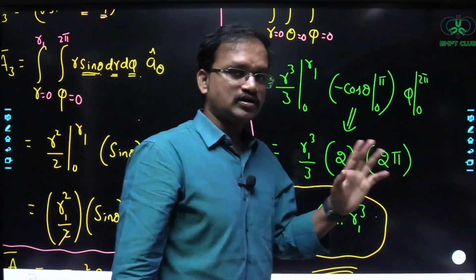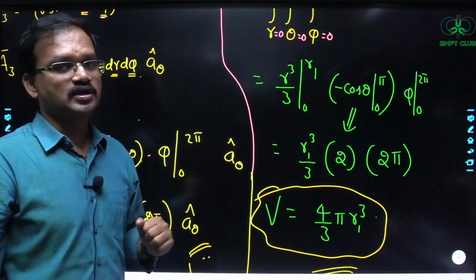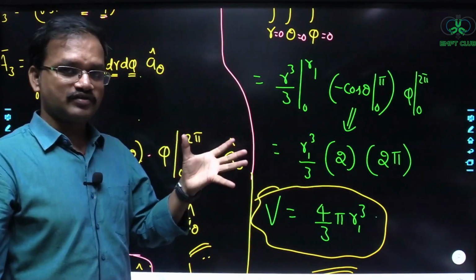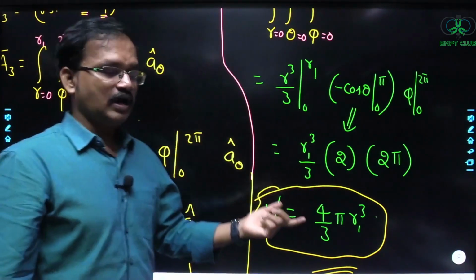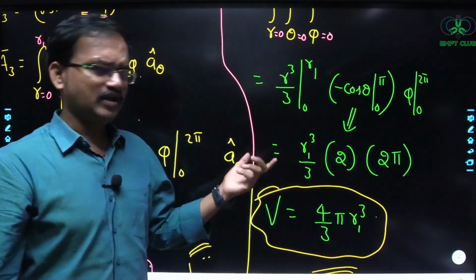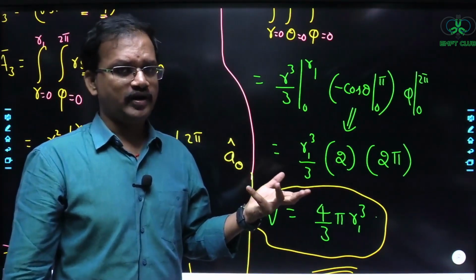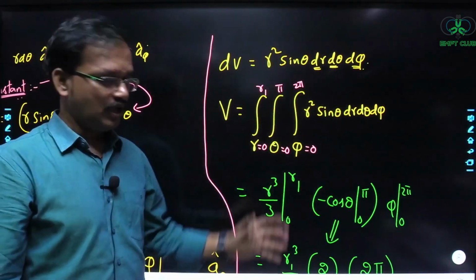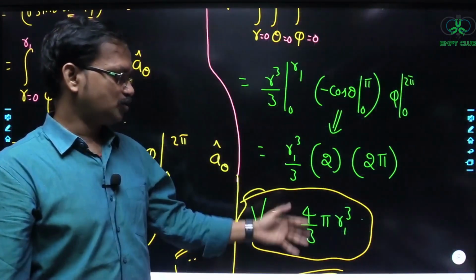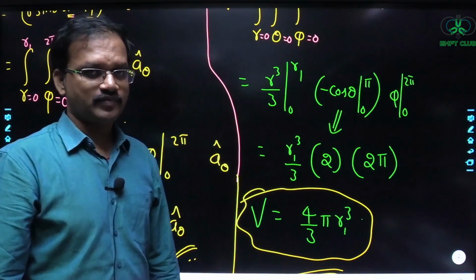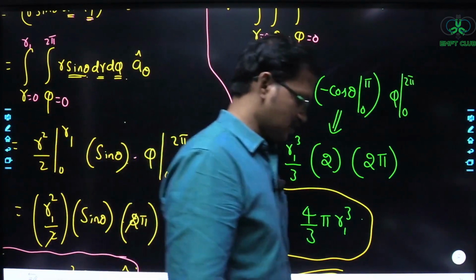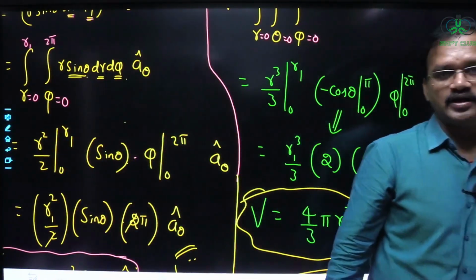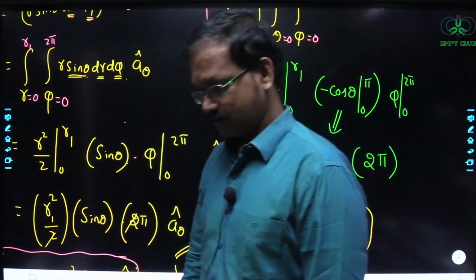Understood? So what are the three surfaces we got? One is a semicircle, another one is the surface area of a sphere, and another one is the surface area of a cone, right? And then after that we have determined the differential volume, and from this we have determined the total volume expression. Understood? So with this we have almost completed the spherical coordinate system here, right?